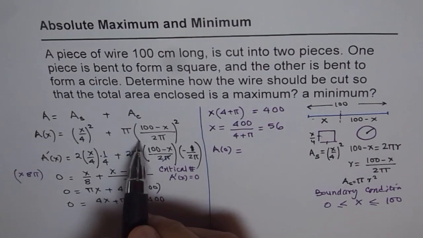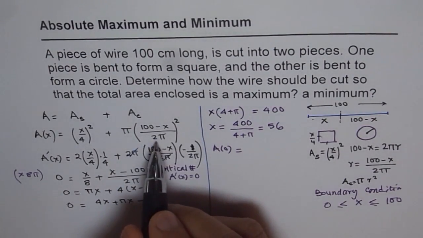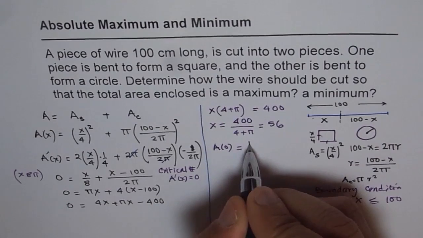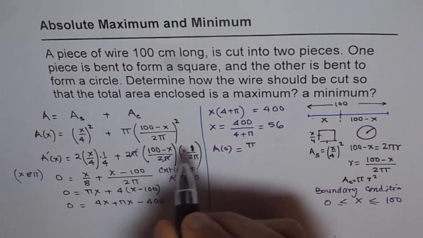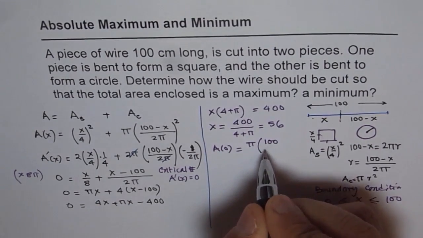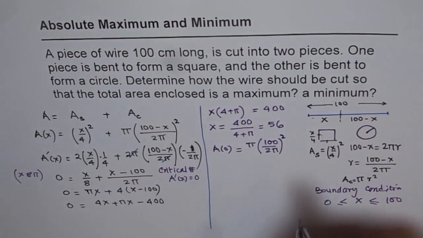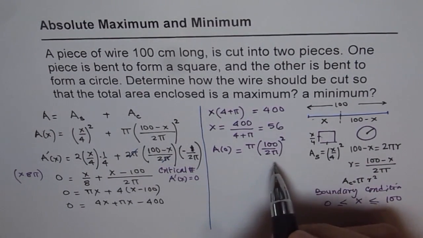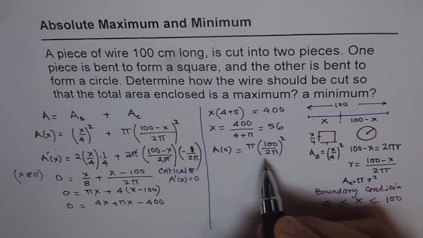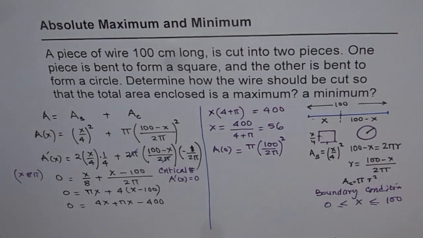The next term will be 100 squared over, so here we have x equals 0, so we have pi times, now within the bracket, 100 over 2 pi, whole squared, right? So that is what we get. So we can calculate this value. We'll divide 100 by 2 pi, square it, and then multiply it by pi to get the value.